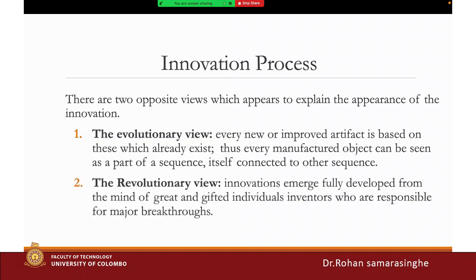And the second one is the revolution view, that means innovation emerges in fully developed form from the mind of the great and gifted individual innovators who are responsible for major breakthroughs.